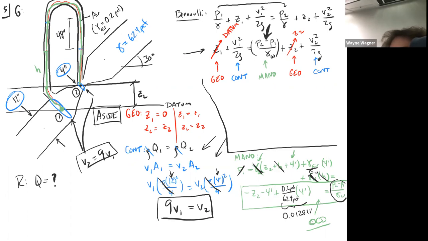Hopefully it's clear that when you compare this number to that 4 feet, that 0.01 doesn't really matter. It's more than 2 orders of magnitude smaller. So we do not need to worry about that. We're going to ignore this because it's small.